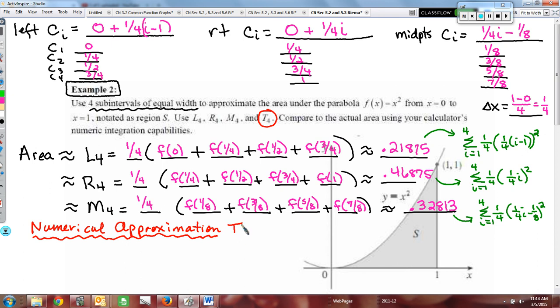And so we're going to look at the trapezoid rule, or trap sum is what we're going to call this one for short. And the trap sum basically is, we're going to change our perspective a little bit. Instead of using rectangles and calculating the area, we are going to estimate this area by using trapezoids.